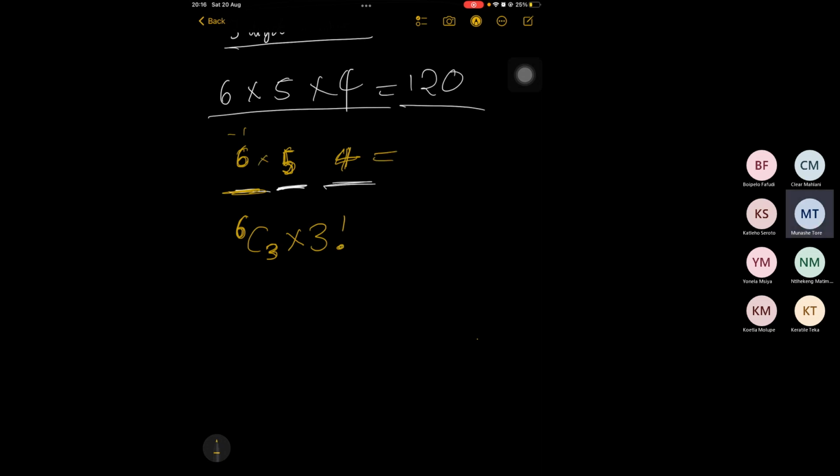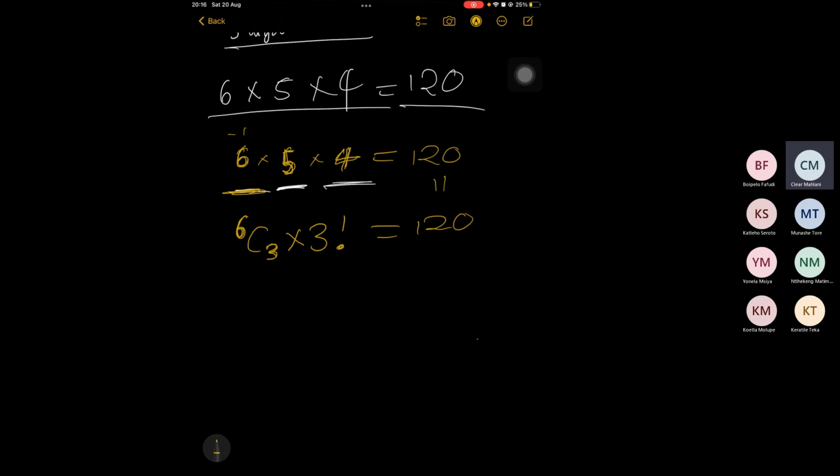So this 6 times 5 times 4 is going to be 120. Then 6 choose 3 times 3 factorial, which is the same as 6 permute 3, is also equal to 120. So these two things are the same. Does it make sense? Or should I repeat?